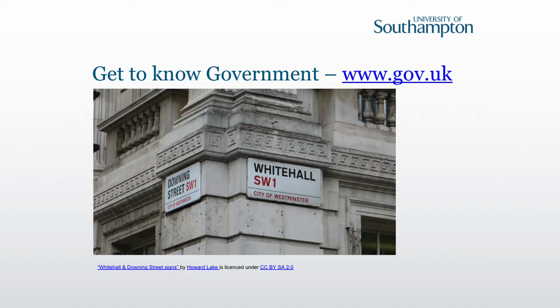That's lovely, but scroll past that and you get all sorts of really helpful information about government departments, about people in them, about the different structures. And this is a beginning to understand who are the people responsible for what you're trying to do, where are they, how can you get hold of them.